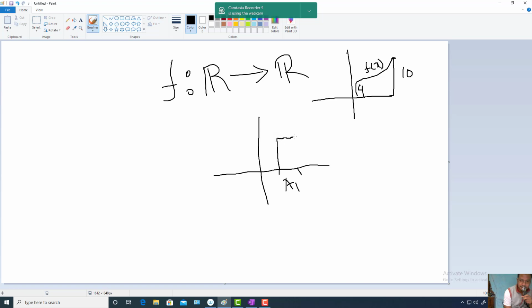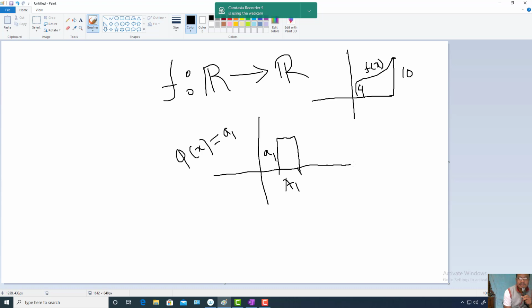This is the height, the same height, small a1. In this set A1 the function takes the value a1, that is, phi takes the value a1 only.